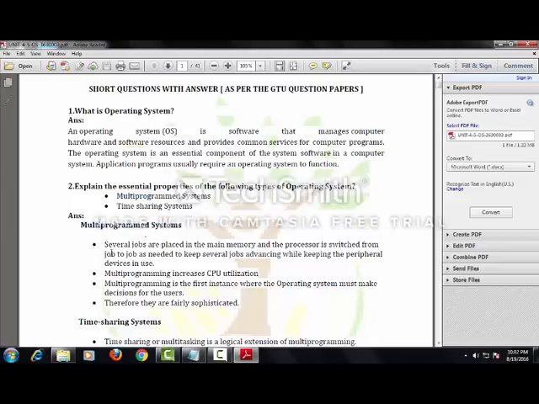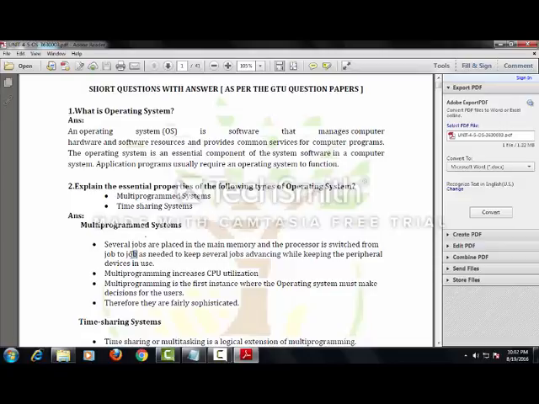The first point, several jobs are placed in the main memory. It is very clear that if we want to make a multi-programmed system, we need to put several jobs in the main memory, right? And the processor is switched from job to job as needed to keep several jobs advancing while keeping the peripheral devices in use.